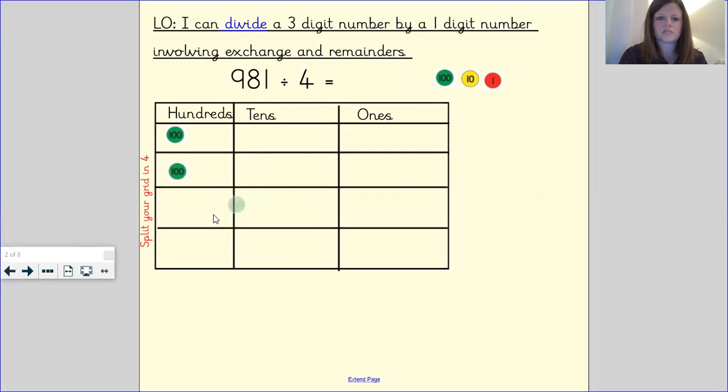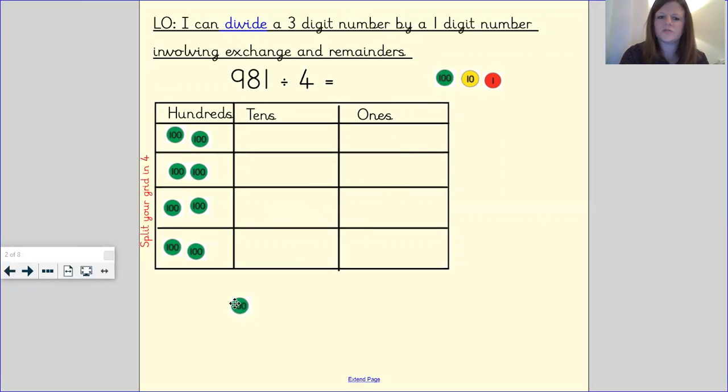I'll pop them down, and hopefully you can see what's going to have to happen. So 900 divided into 4 equal groups: I have managed to share 800, but I won't be able to share this final 100 amongst them.